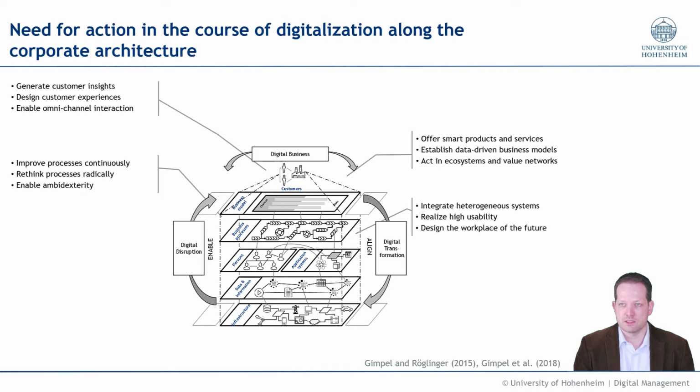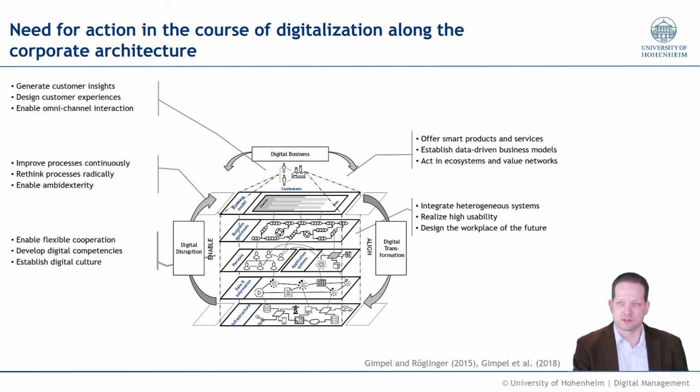If you think about the interface between application systems and either your employees or your customers, then it's about realizing a high usability and about designing the workplace of the future for new digital work by your employees or by potential freelancers, consultants, crowd workers, and so on, you for some time integrate in your organization.